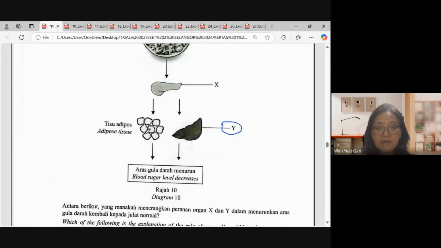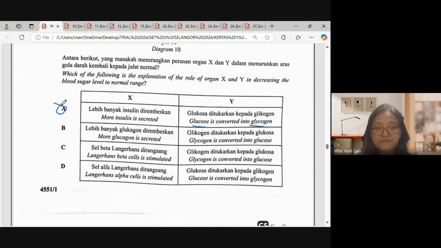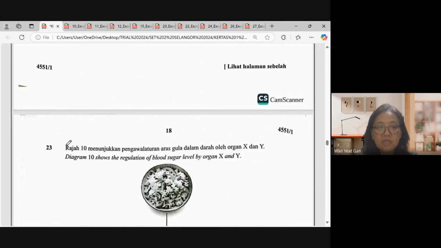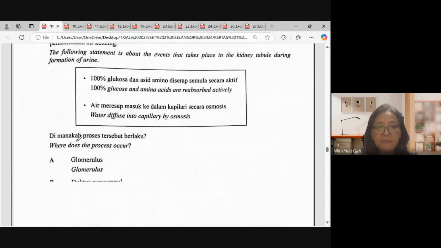So answer is A. The cell that secretes insulin is Langerhans beta cell. However, option C, which said glycogen is converted into glucose, is wrong. It's the opposite that happens. So answer for question 23 is A.